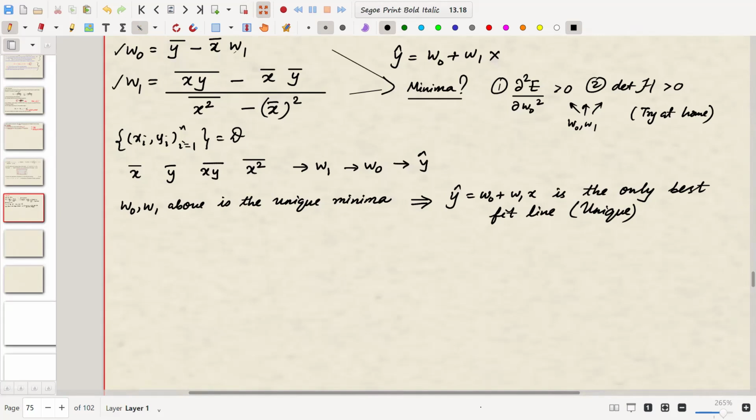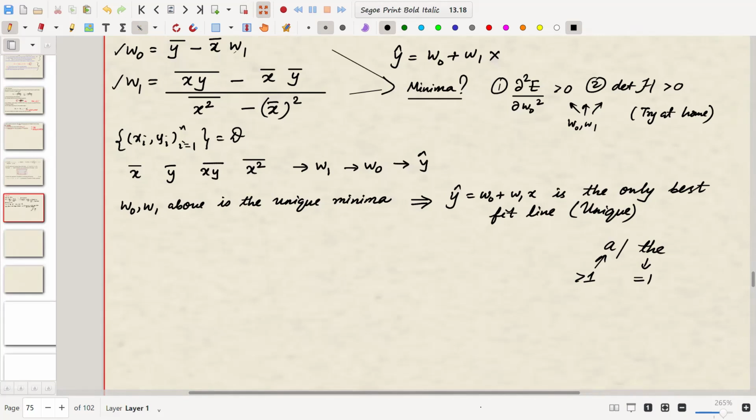Because this is the best fit. Not a best fit, but the best fit. Especially in a scientific discipline, you should know that 'a' means there can be more than one, but 'the' means there is only one. The best fit line is the only one. There cannot be any other line to fit it.